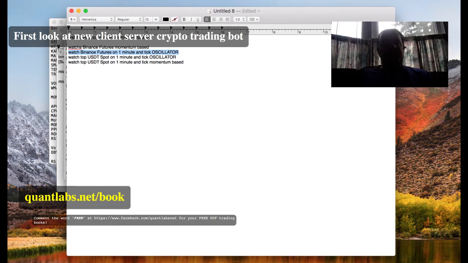Let me start again. Using the Binance Futures Bitcoin market data, what it sees, you trade in the spot market for Bitcoin in USDT.